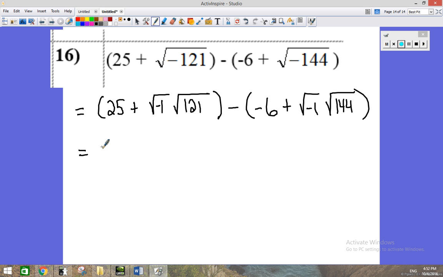So I have 25. By definition, the square root of negative 1 is i, and I can break 121 down to 11 times 11. So I know that the square root of 121 is 11.